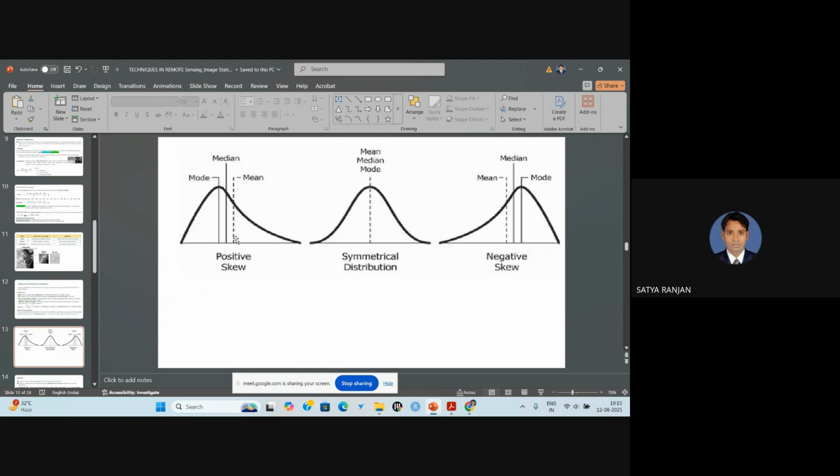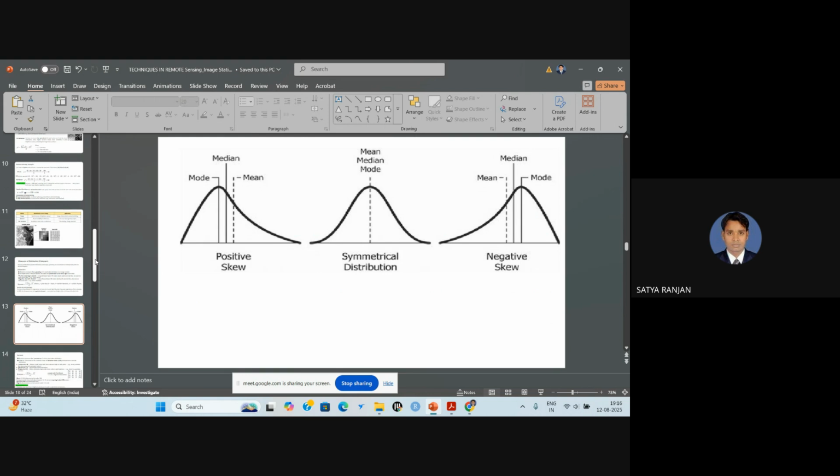This is the positive skew, this is the symmetrical distribution, where the information is distributed in a very symmetrical way, and this is the negative skew. The tail is towards the right in positive skew, and towards the left in negative skew. Just remember all this information.